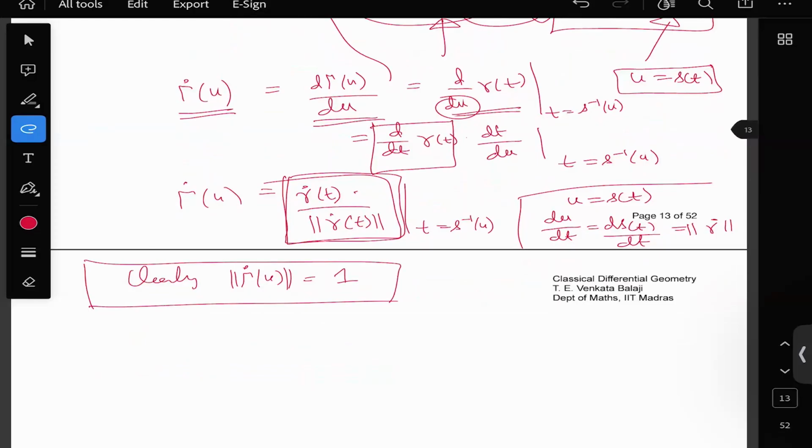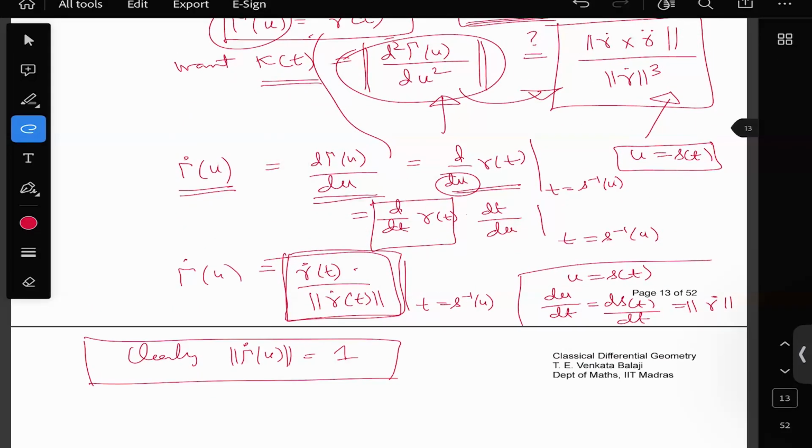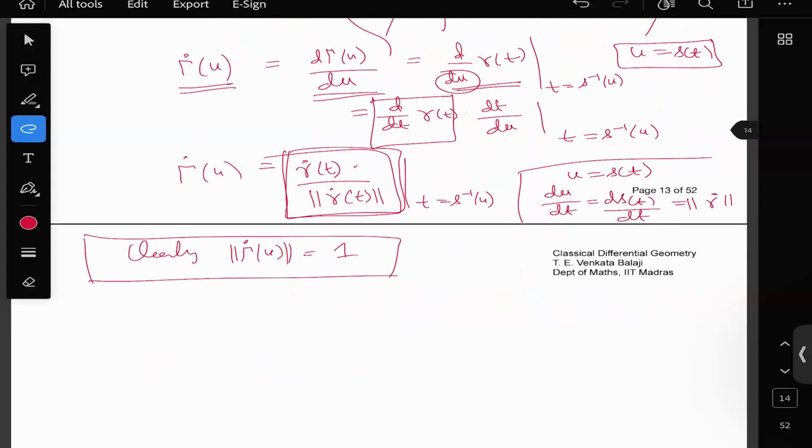Now our aim is to calculate the curvature, which involves the second derivative. So I need the curvature at t, which is the same as the curvature at S inverse of u if you want. You have to calculate capital gamma double dot of u, and then you have to take its norm.